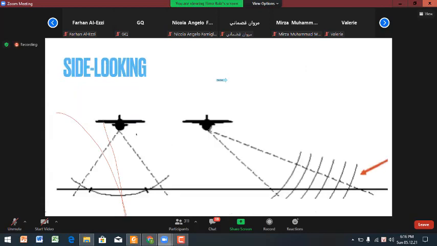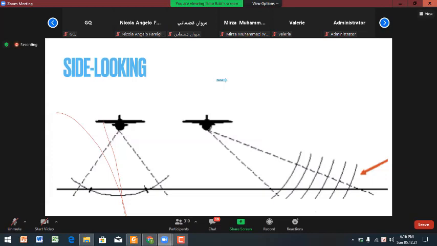If we now have such a very wide beam, like here on the left side, and you put it looking toward the ground, looking downward, you will cover a large area with one pulse, with one beam. The left side of your signal and the right side of your signal are at the same distance, so they will come back at the same time.